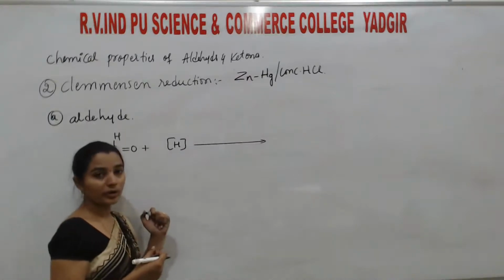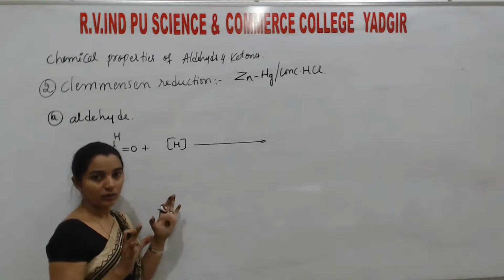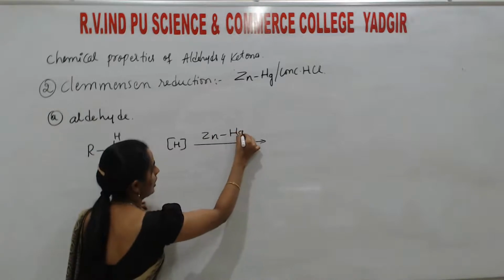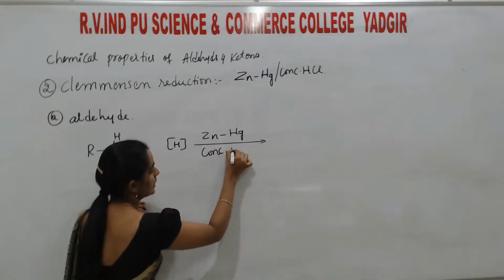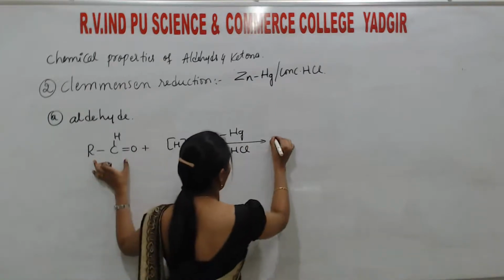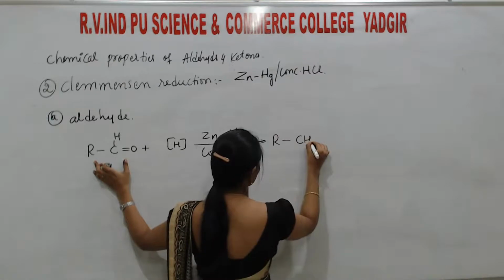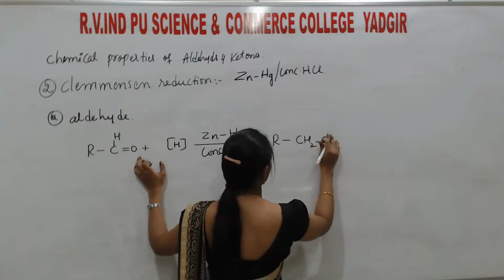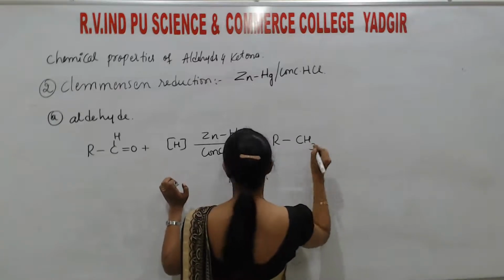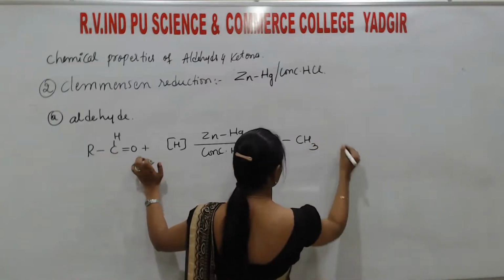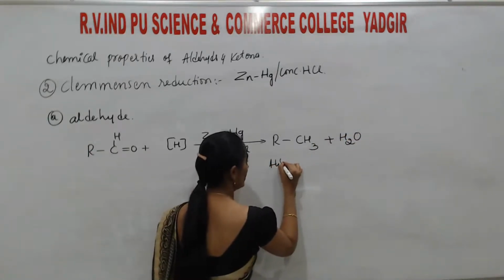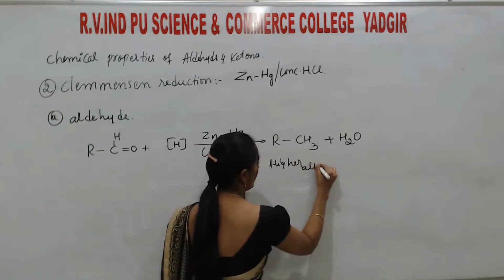What is the expected product here? Alcohol, primary alcohol. But if we are using zinc amalgam in presence of concentrated HCl, the product formula is RCH2CH3 plus H2O. This is what? Higher alkane.